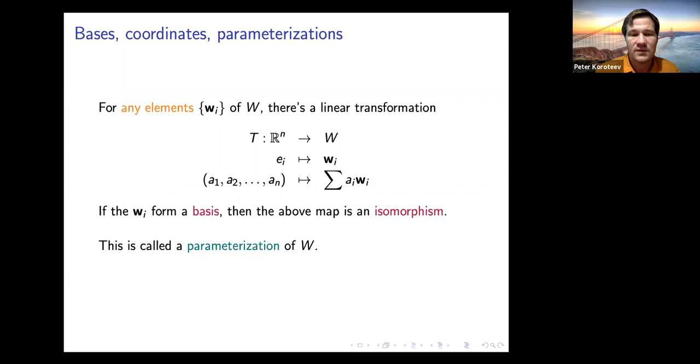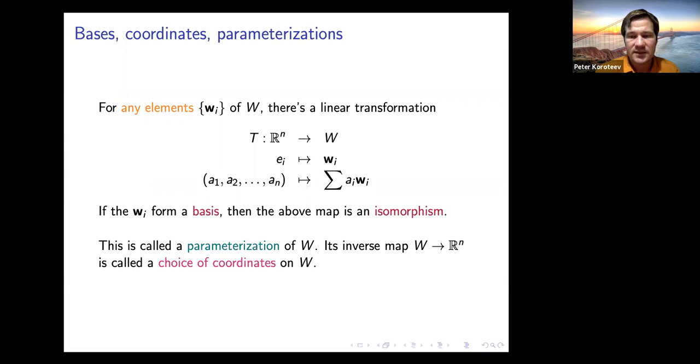And we call this isomorphism a parameterization of W. In other words, it's the tuple of numbers that parameterize the linear combination of those vectors in a given basis.